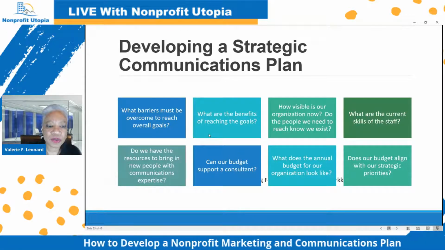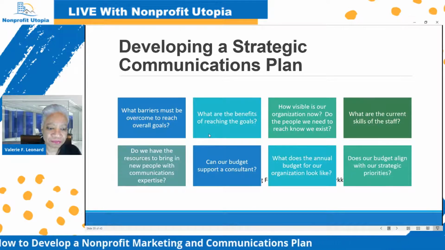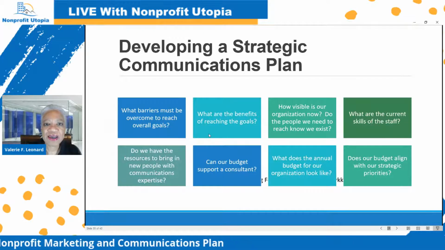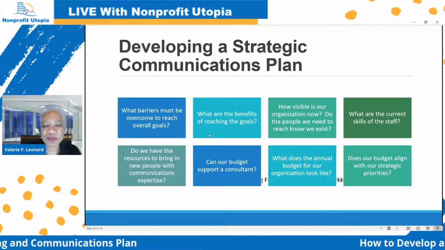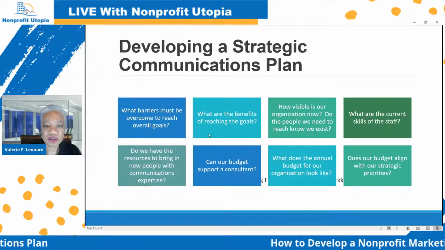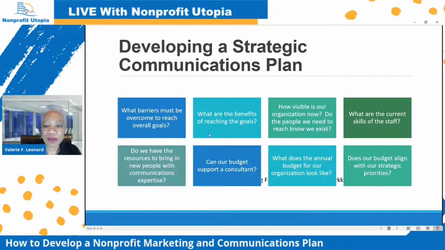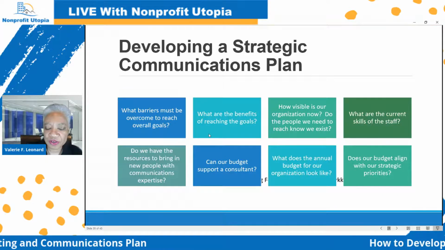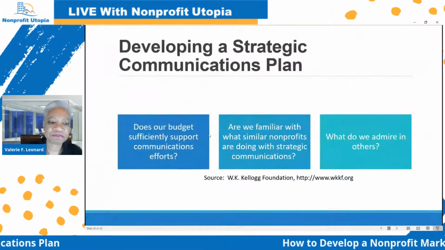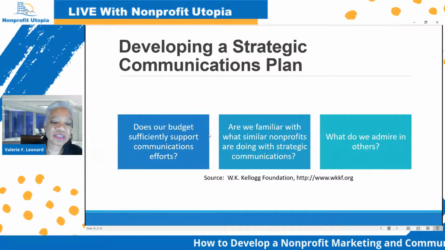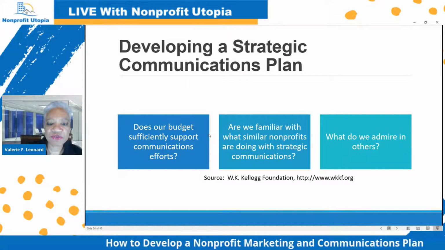What training does our staff need? If we have to hire somebody, do we have the funds? Can our budget support a consultant? What is our annual budget for marketing and communications? And does our budget align with our strategic priorities? Does our budget sufficiently support communications efforts?